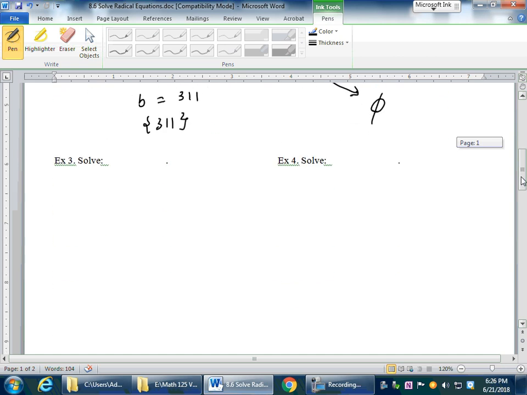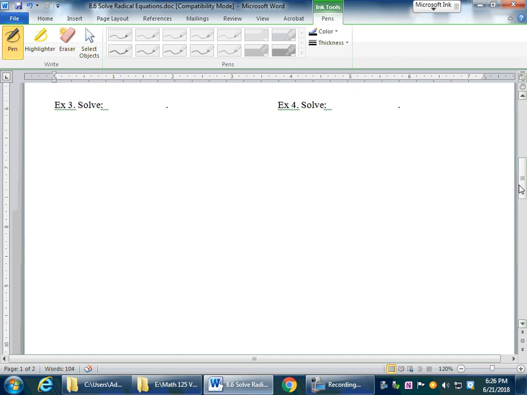Continue on the next example. Square root of x minus 2, plus 2, equal to x. So let's try to isolate the radical term by itself. So it will be square root of x minus 2, and we subtract 2 from both sides, so it becomes equal to x minus 2. Now raise the power to both sides, the same as the index.